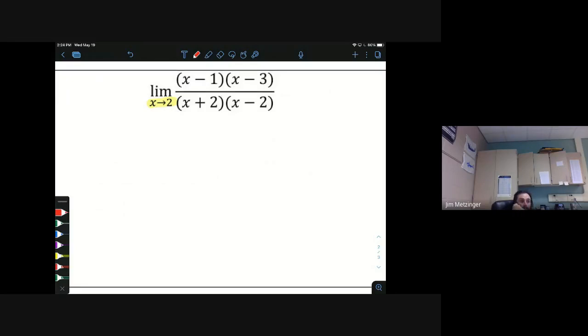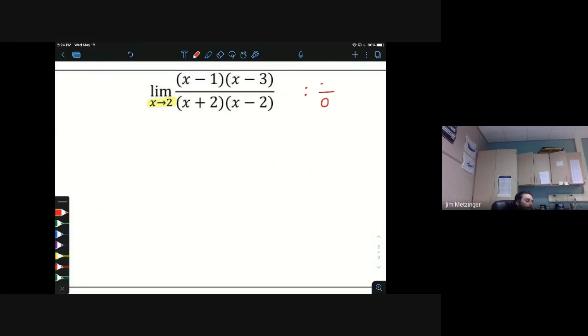Well, it's -1/4. 0 on the bottom because you've got 4 times 0. And then you put 2 in, you get 1 times -1. I get -1 over 0. What does that mean?